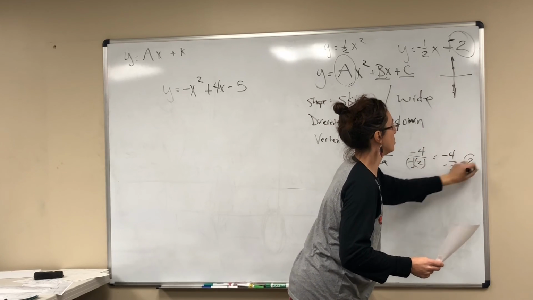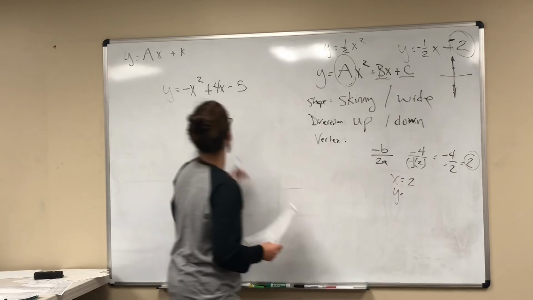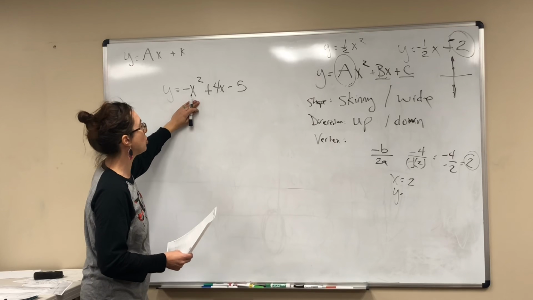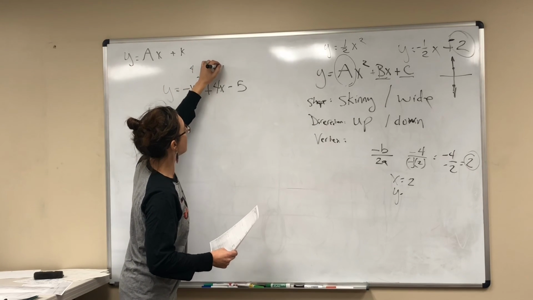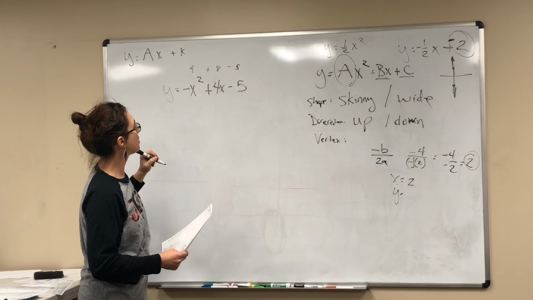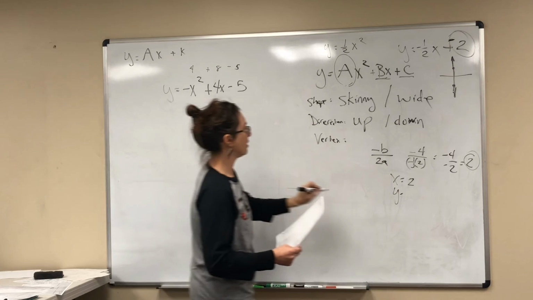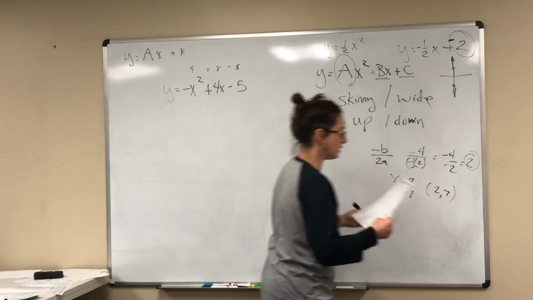That equals 2. So my x value is at 2. My y value, if x is 2: negative 4 plus 8 minus 5, 4 minus 5 equals negative 1. So my vertex should be at 2, negative 1.